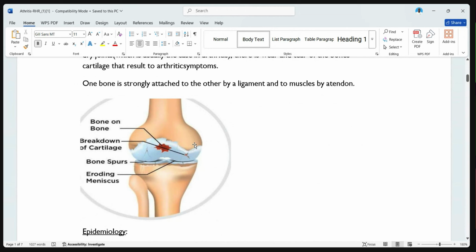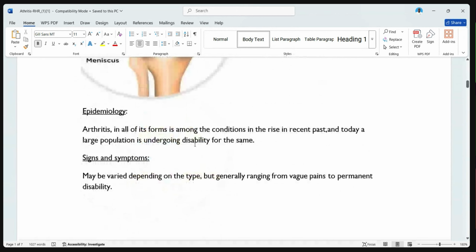So what brings pain is that there is no lubricating fluid, or the cartilage is done away with or only a little is left. And so there is wear and tear.